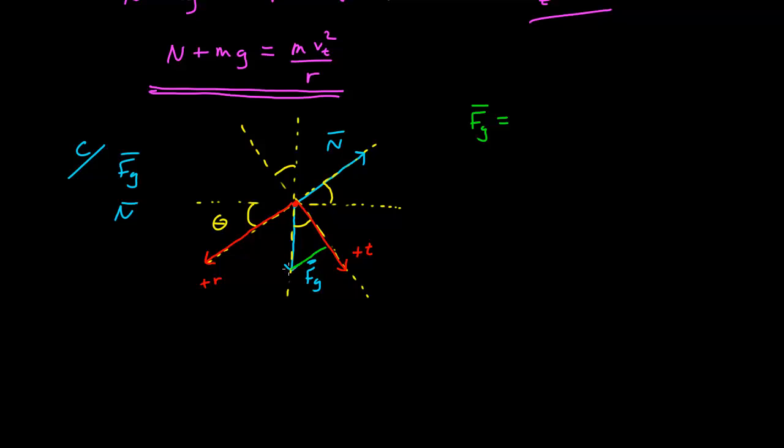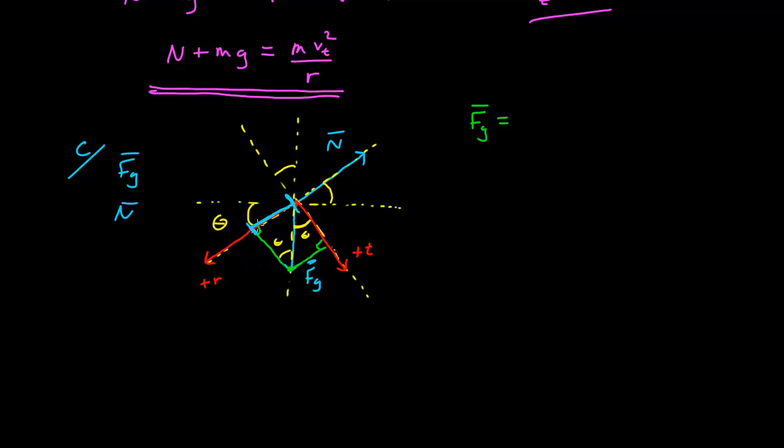To do that, I draw my lines from the tip of my vector so that they make perpendicular with the axes where I want to find the components. If this angle is theta here, that means that angle is theta. And what I want to find then is the component along the radial axis. That's the length of this line segment.